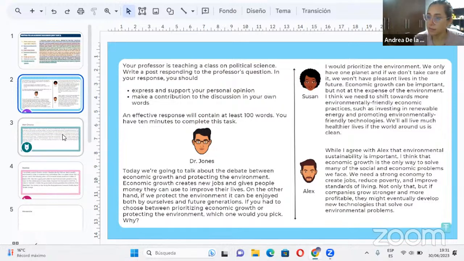But again, I think in order to improve the way that you're managing your time, in order to write faster, maybe you need to realize why you're struggling with time. Maybe it's because you're taking too long in thinking of ideas, thinking of what to say. Or maybe it's because you're taking too long in actually writing the response, in maybe organizing the words or trying to have good sentences. Maybe you're correcting yourself too much.